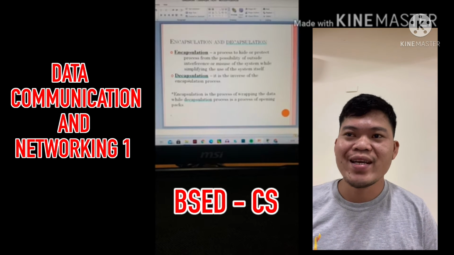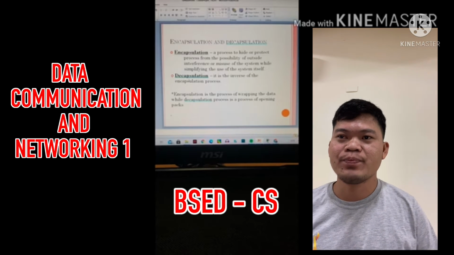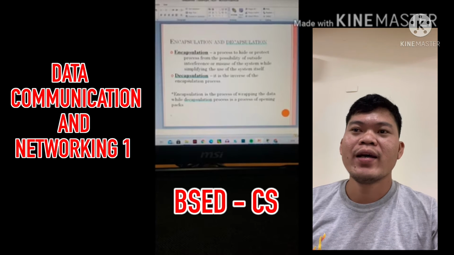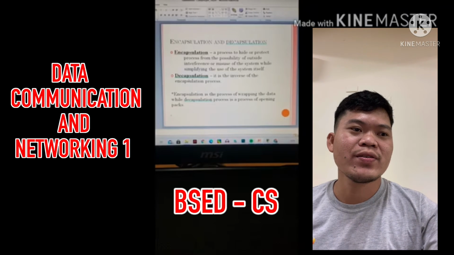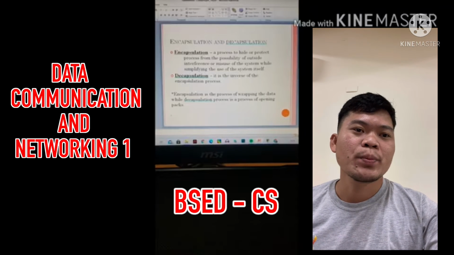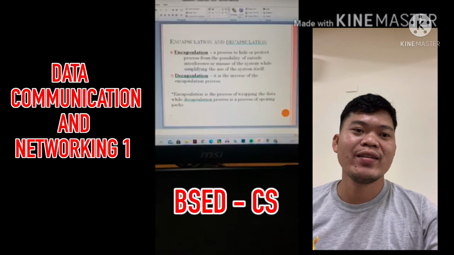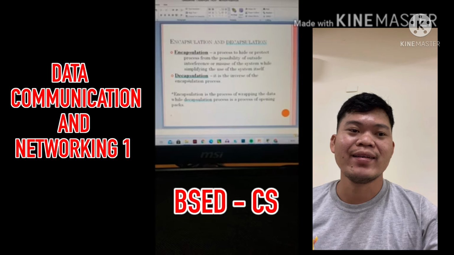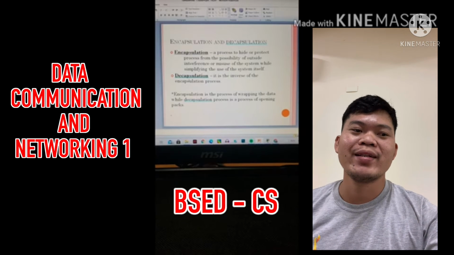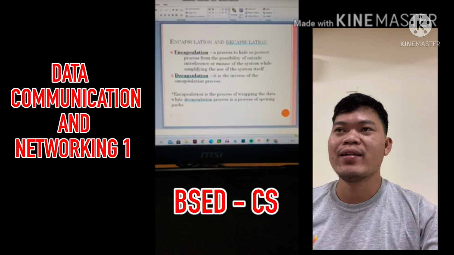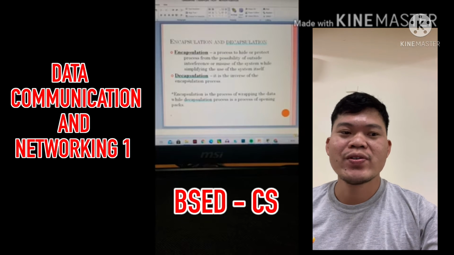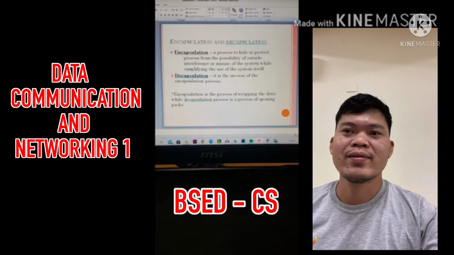Now we have decapsulation. It is the inverse of the encapsulation process. Encapsulation, of course, is a process of taking data from a protocol and translating it into another protocol so that the data can continue across the network.